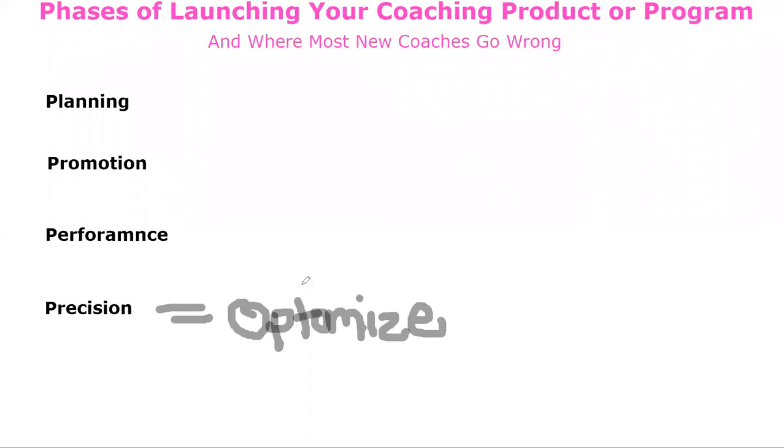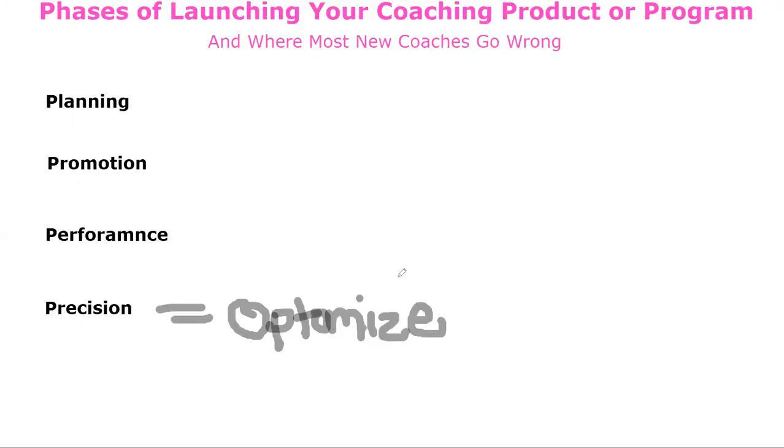But when we say optimizing, we're talking about actually taking the time to go back and look at all the things that you did over your launch cycle and fixing and tweaking and adding and adjusting to make every aspect run efficiently. So let's just say one of the things that you noticed is that you got a lot of emails in this performance phase because people said, hey, I didn't get the login for the course, or I could not write on your PDF like you said I could, right?